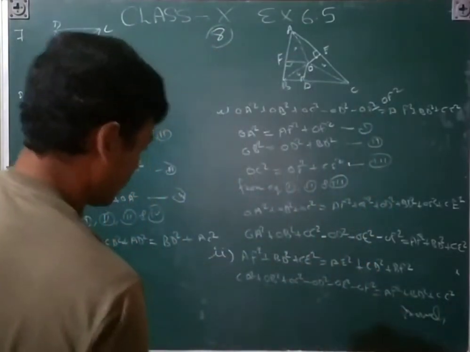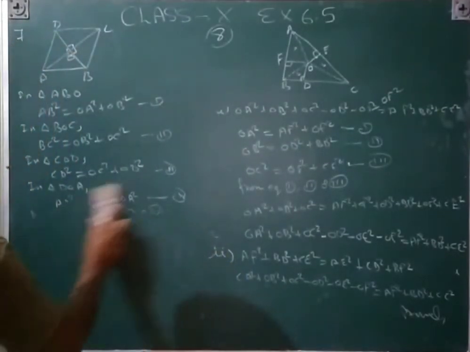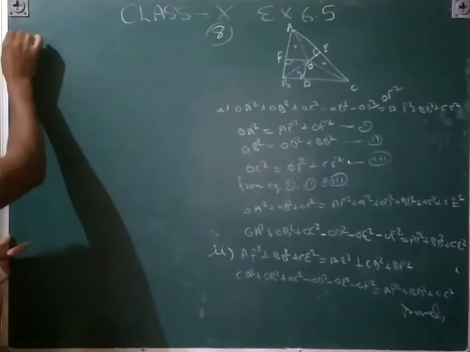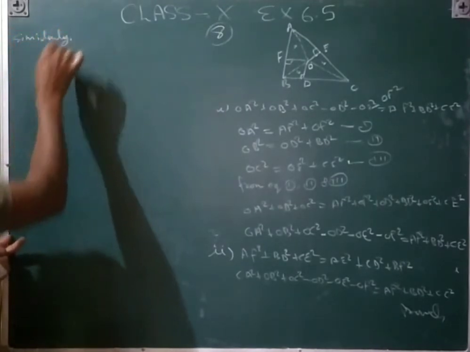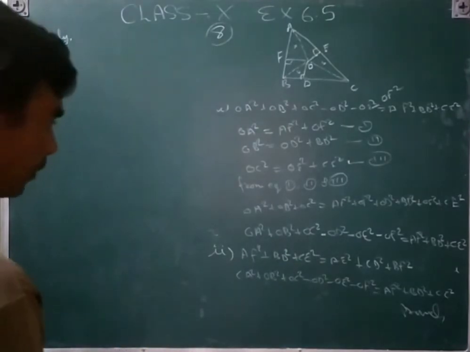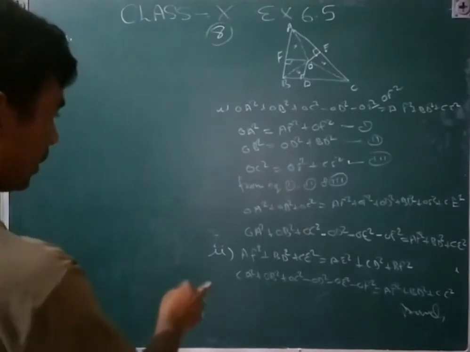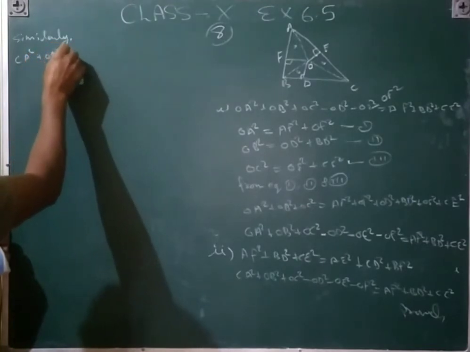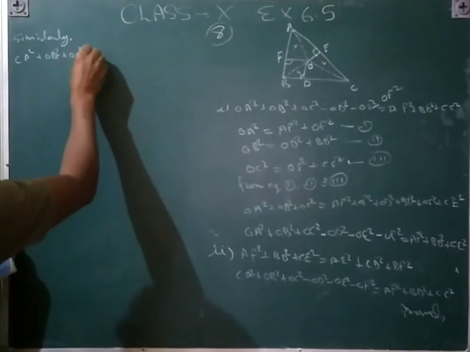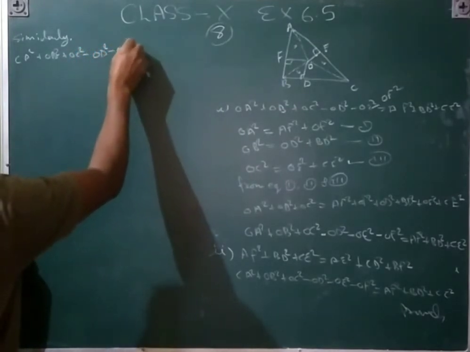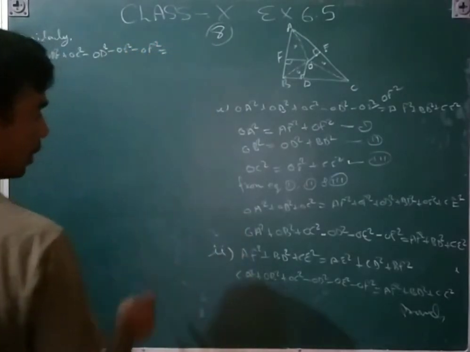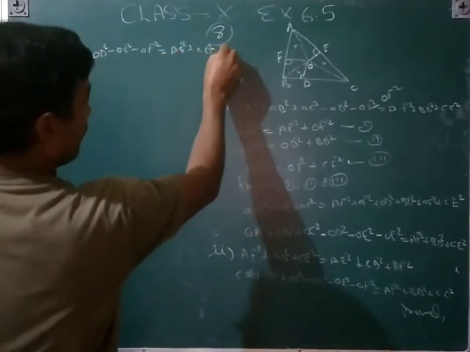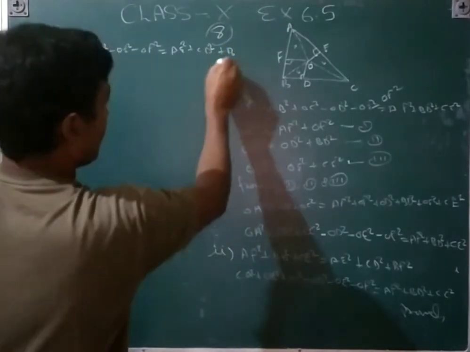So similarly, that will become: OA square plus OB square plus OC square minus OD square minus OE square minus OF square is equal to, and then what is left will be AE square plus CD square plus BF square.